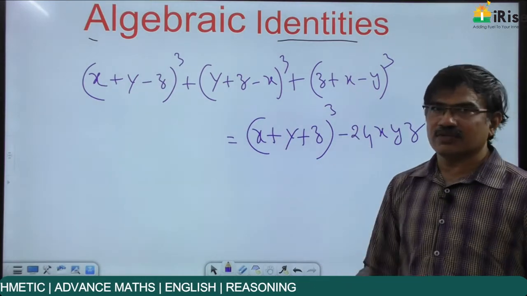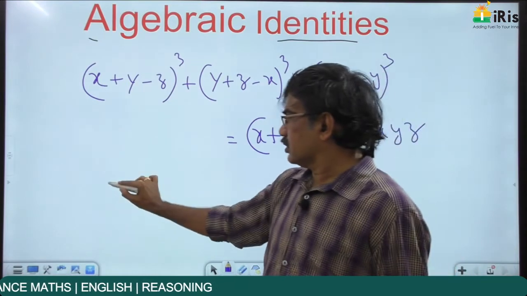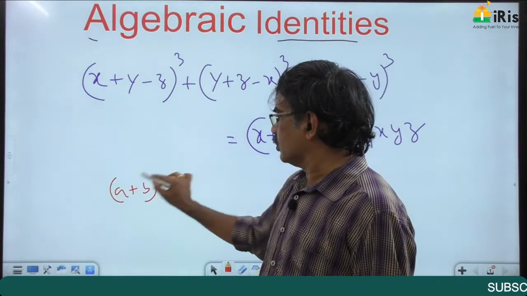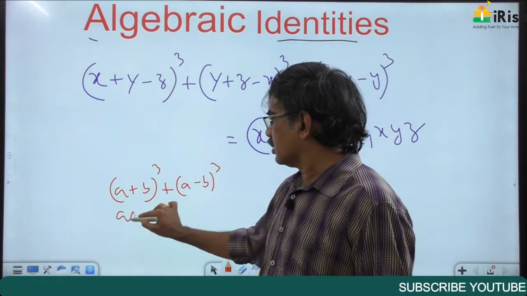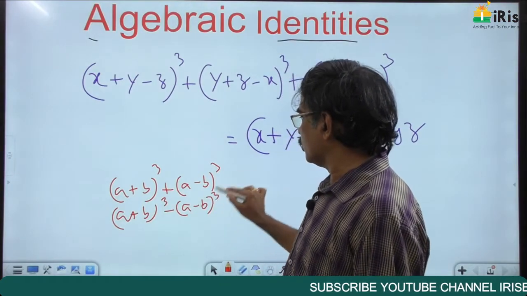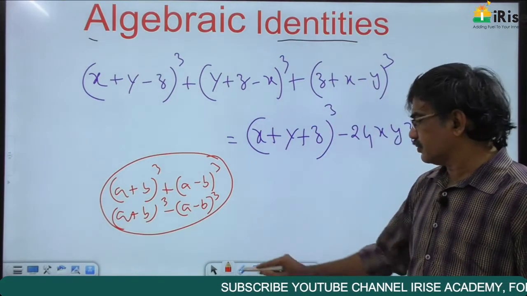Actually this formula can be created using the formula (a plus b) whole cube plus (a minus b) whole cube and (a plus b) whole cube minus (a minus b) whole cube. Using this formula we can get this answer.